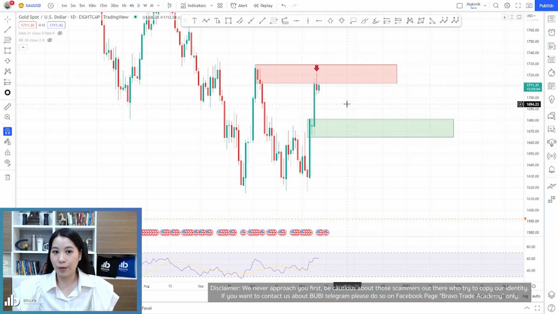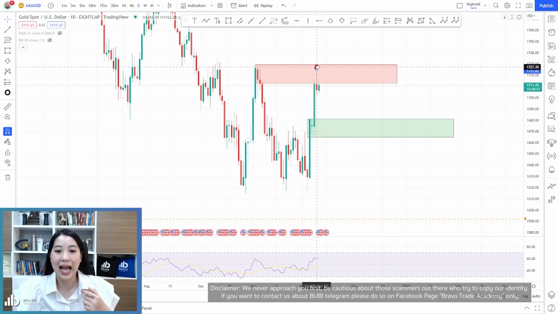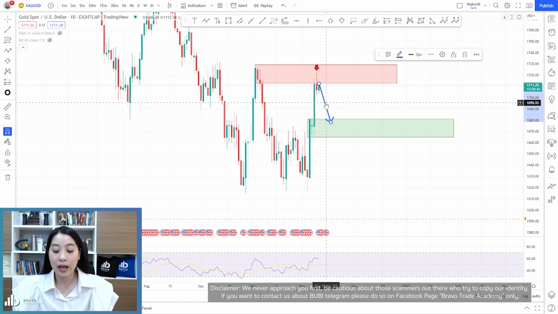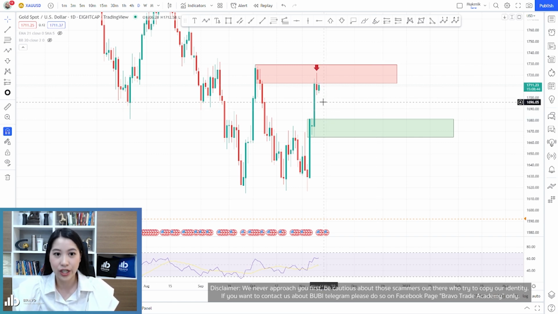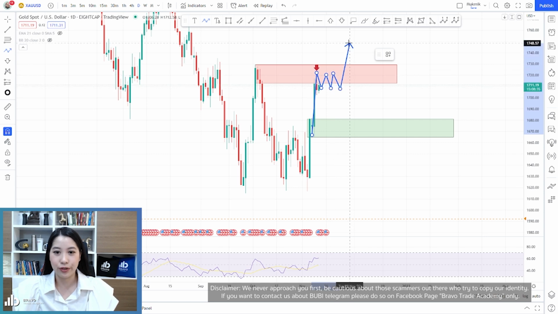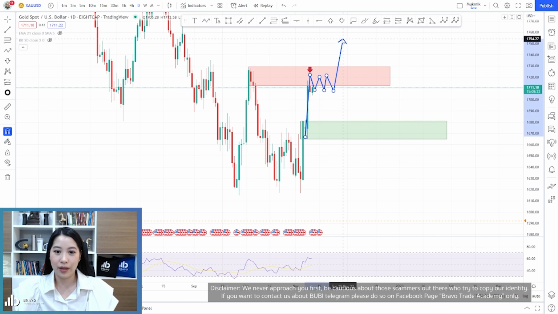However, there are two possibilities. The first is that this is truly the reversal bar, so the price would continue to drop down at least to test this demand zone. The other chance is that the price could form this base again and then shoot back up like so.